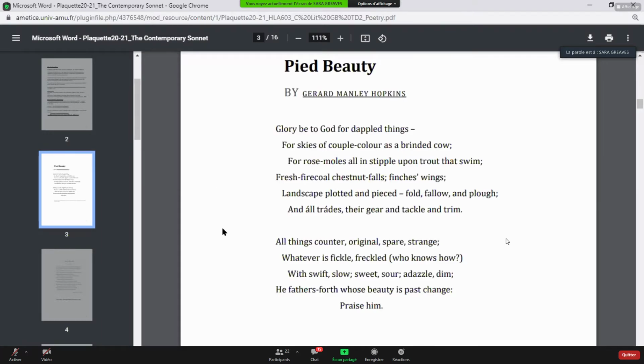So what he's doing here is reconciling those two tendencies, celebrating nature, the beauty of the world, which of course he felt to be a conflict between aesthetics and ascetics, if you like.